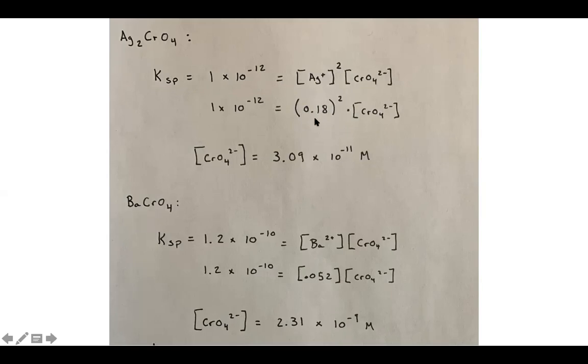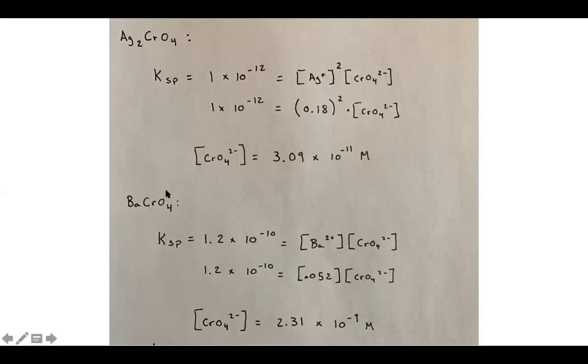So I'm just going to simplify it, plug in my concentration for silver, and solve for my concentration of chromate. When I plug in my concentration of silver, I find that I would need my concentration of chromate to be 3.09 times 10 to the negative 11th molar in order for me to start forming precipitate.